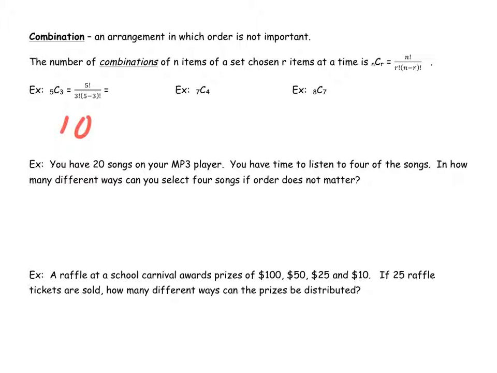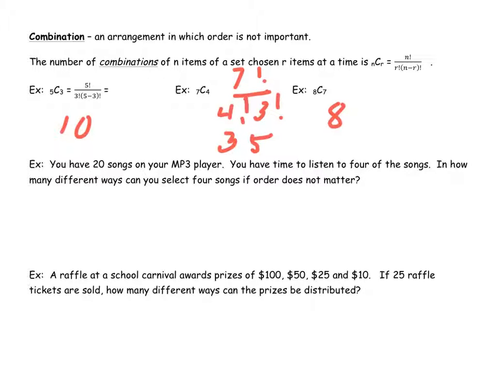So if I was doing 7C4, that would be 7 factorial over 4 factorial, 3 factorial. And again, we're going to learn how to put this in our calculator. We should get 35. And if I do 8C7, I should get 8. So take a minute and play around with your calculator and make sure that you can enter these in the calculator and get that answer. If not, that's something we're going to have to look at tomorrow, okay?